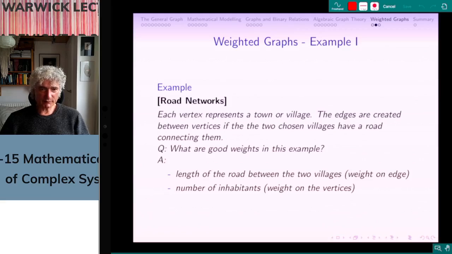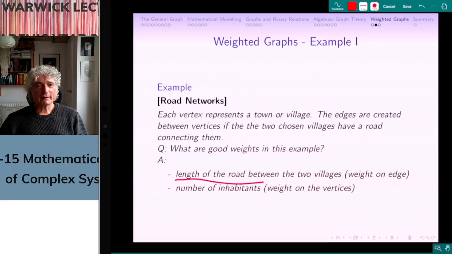Well, for roads, it should be something like the length of the road. But that would be, let's say, a real number. The number would, of course, be different according to the unit you take, let's say miles or kilometers.